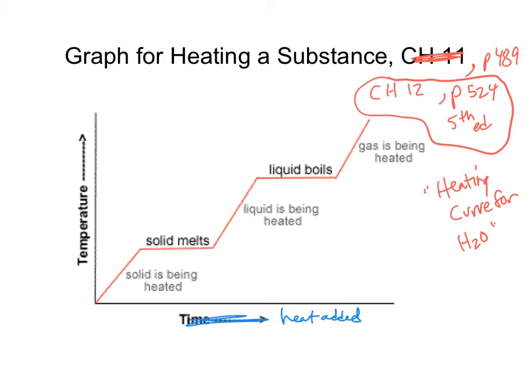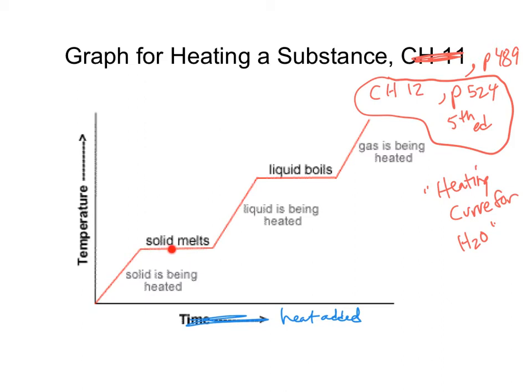Okay, so you start with a solid material at low temperature and start adding heat to it. As you add heat, the temperature of that solid is going to increase. So this region right here is just heating, warming up the solid.